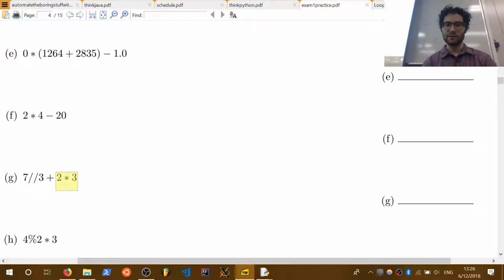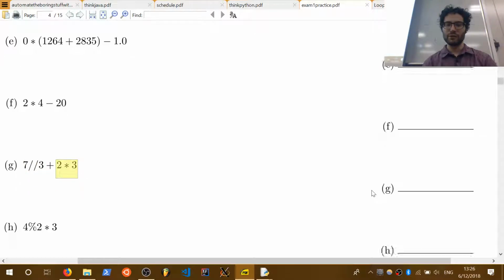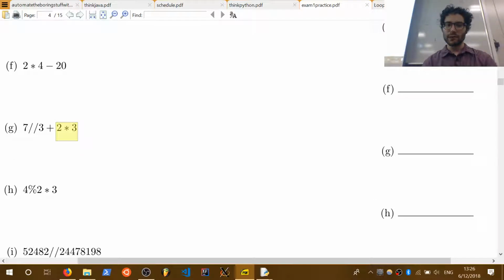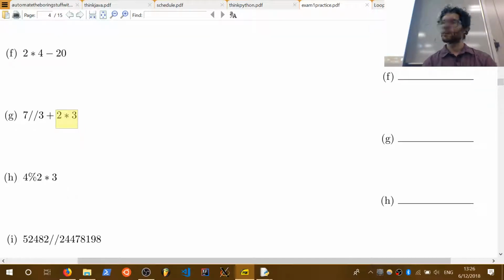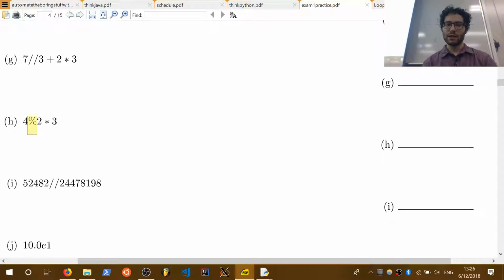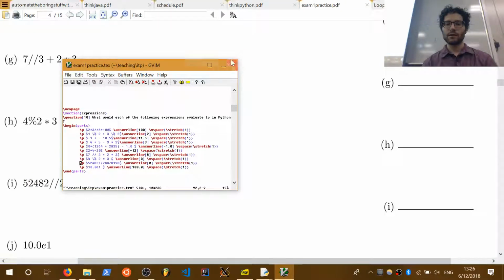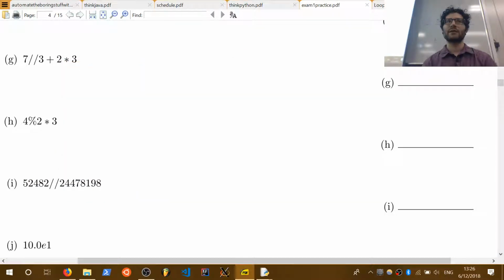This is 6, so it gives you 8. 4 mod 2 times 3. 0. Yep. Because there's no remainder afterwards. This is 0. It's a big number divided by an even bigger number using integer division, so it's 0.